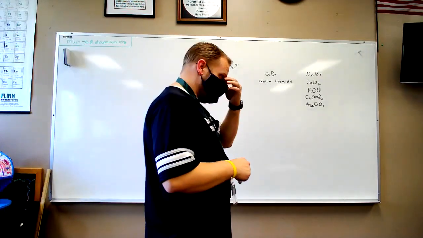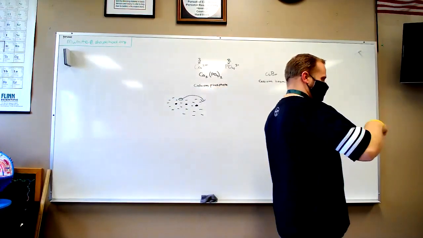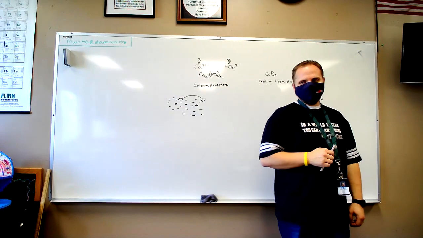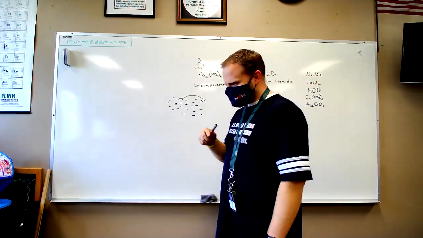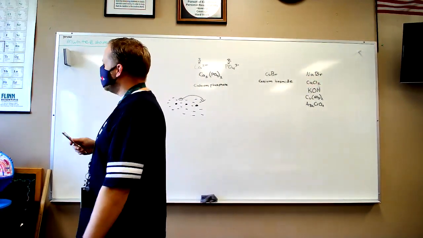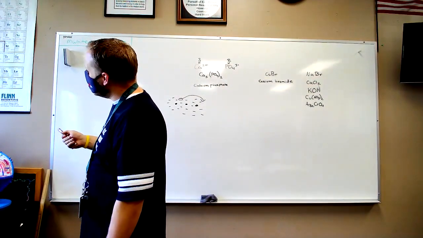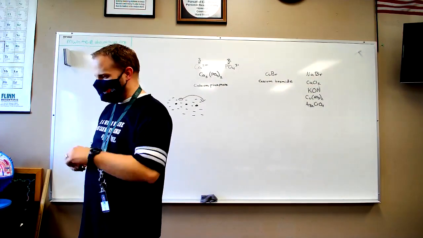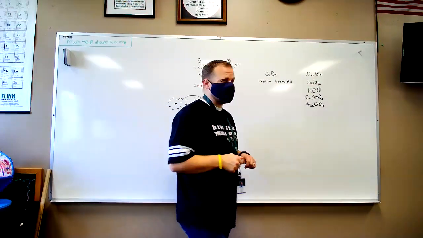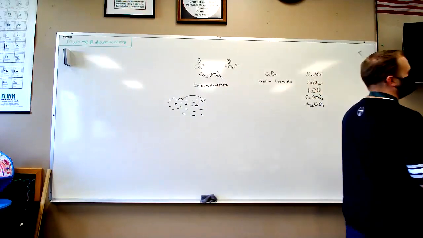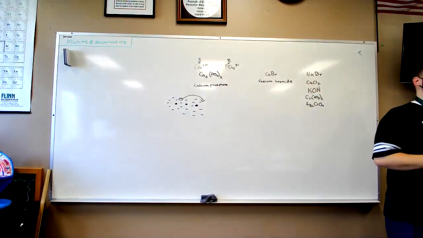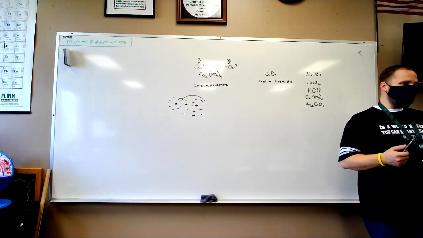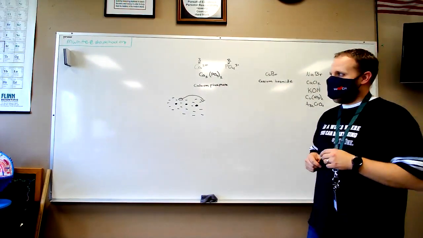Which is below 0 Celsius. So it has a very low melting point. And you can actually get mercury to boil at 630 Kelvin, which is about 350-ish Celsius. So not super hot.